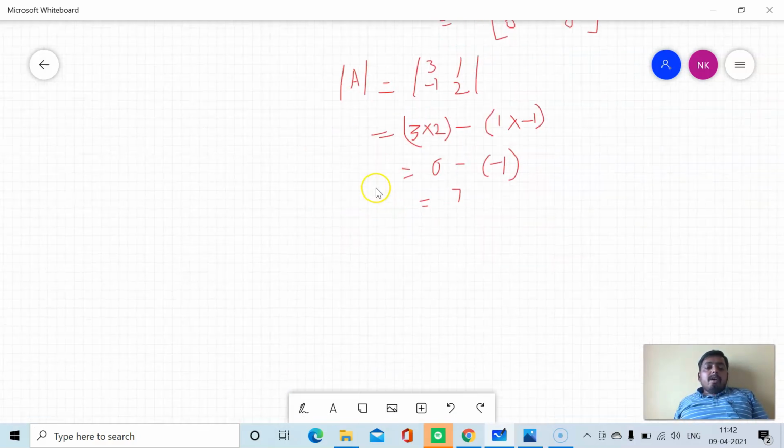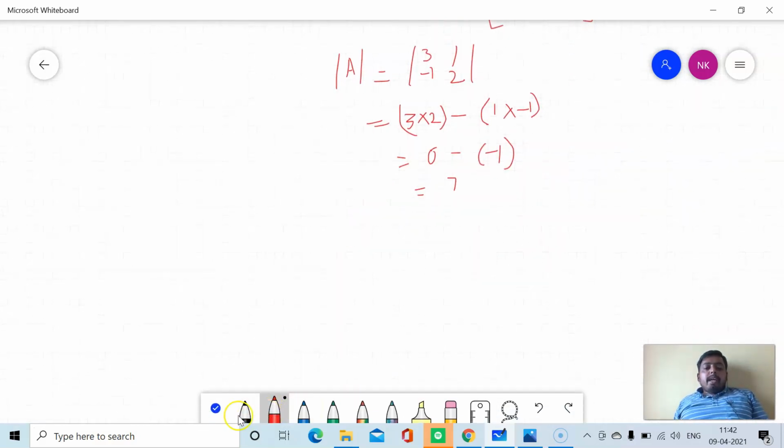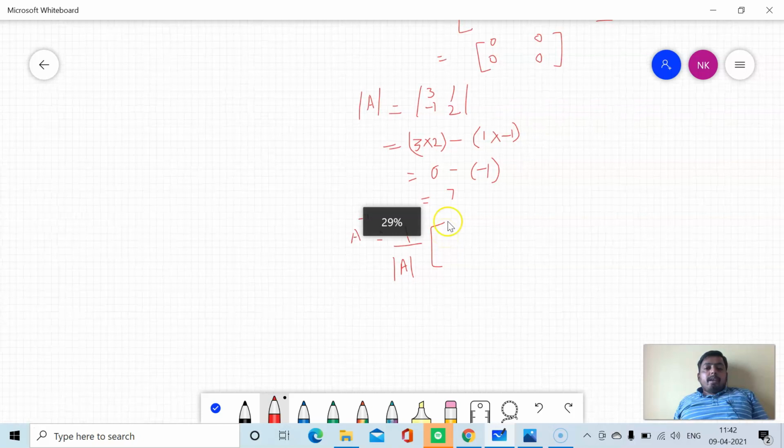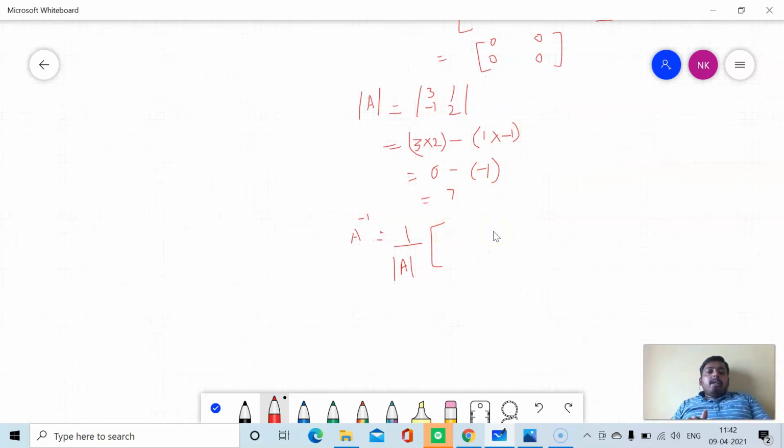Now, we know that A inverse is equal to 1 upon determinant A into adjoint of A. For a 2 by 2 matrix, the adjoint of A can be found in a simple way. You have to interchange the places of the diagonal elements, that means 3 and 2.